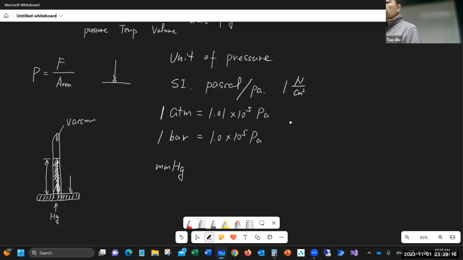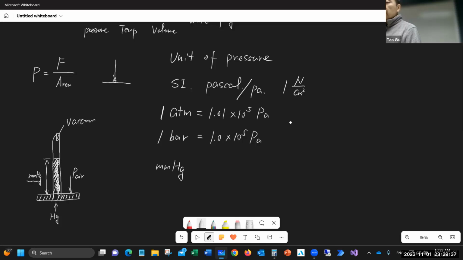The pressure pushes the mercury, and they reach an equilibrium. That's why the height of the mercury can represent the pressure of the air. This is a millimeter height of mercury.